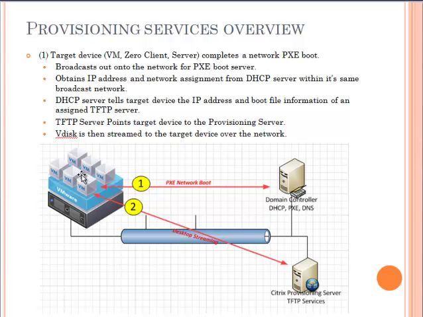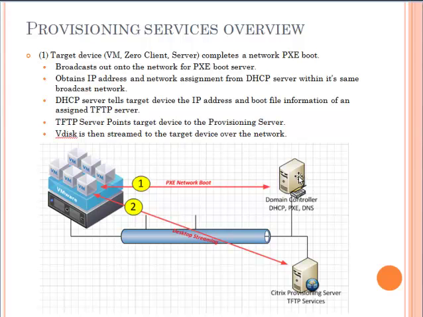From a high level, depicted in this diagram is a virtual machine. The virtual machine does a network boot, doesn't have a local disk, does a PXE boot on the network, and does a broadcast out to find a DHCP server within broadcast range.